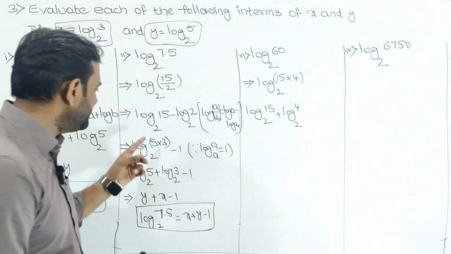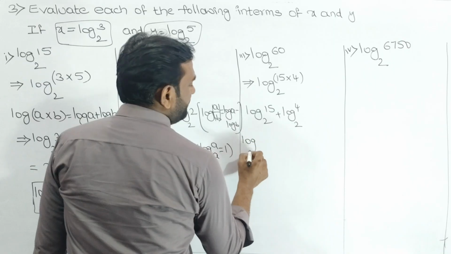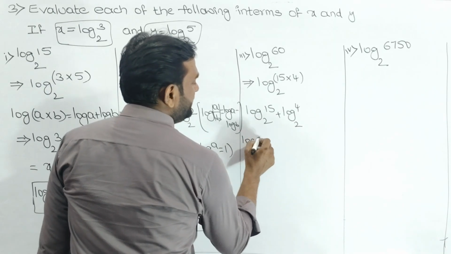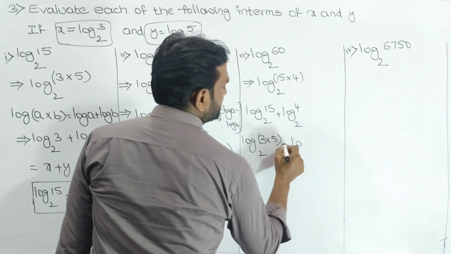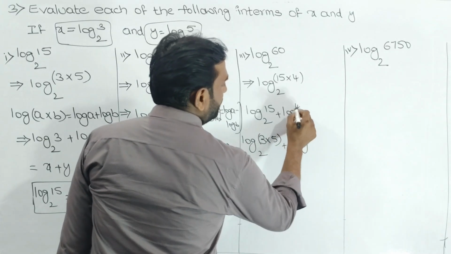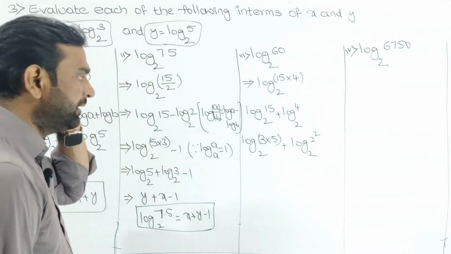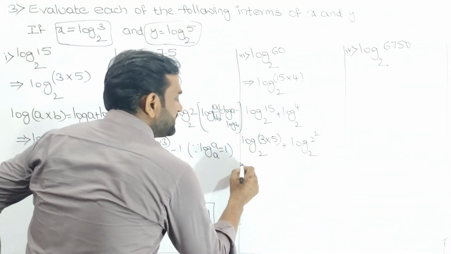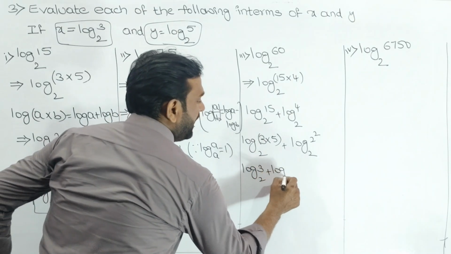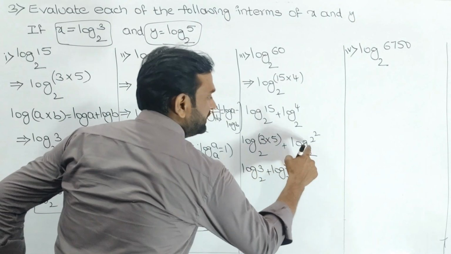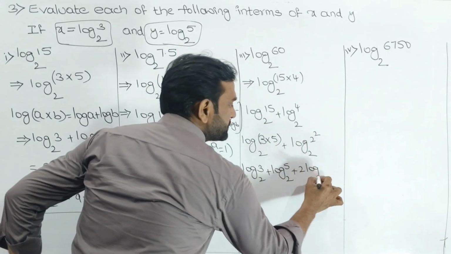Log 15 base 2, again the same process. Log 15 can be written as 3 into 5 base 2, plus log 4, which can be written as 2 square base 2. Log a into b is log a plus log b. So, log 3 base 2 plus log 5 base 2 plus log 2 square, this 2 comes this side, 2 log 2 base 2.